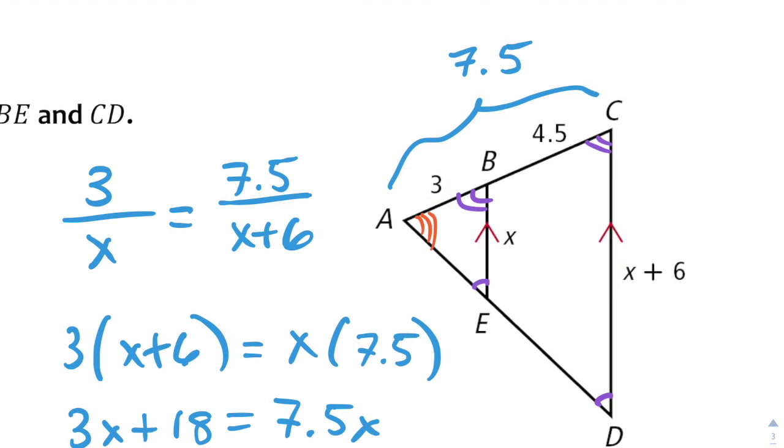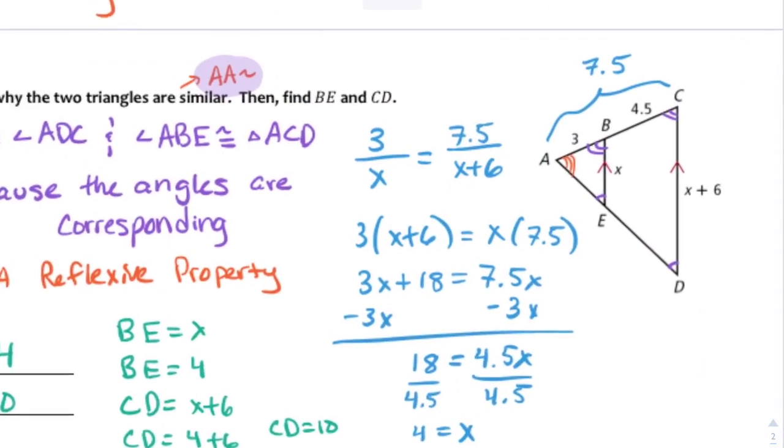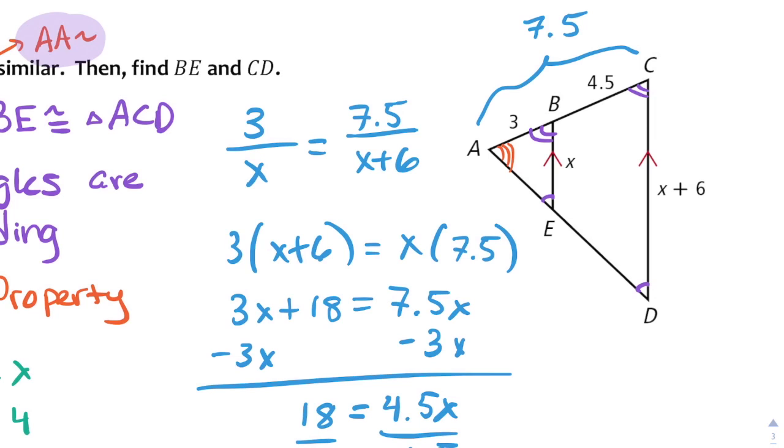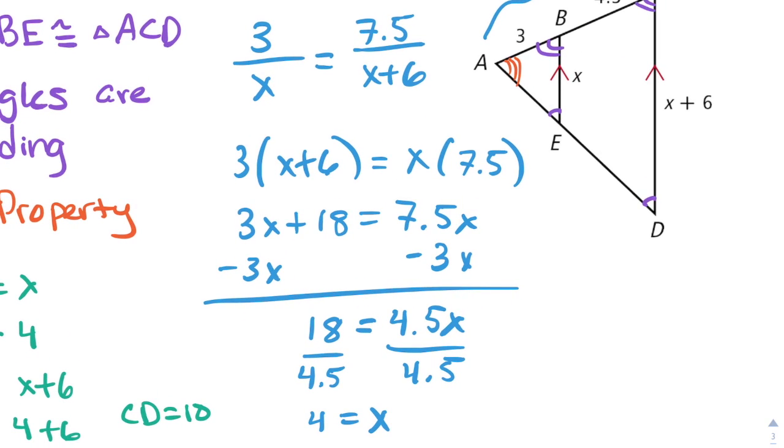Whoops, I don't know what I undid. Okay, that should be good. When we have this, we find the cross products, we solve, and we need the distributive property, and we get x is 4.